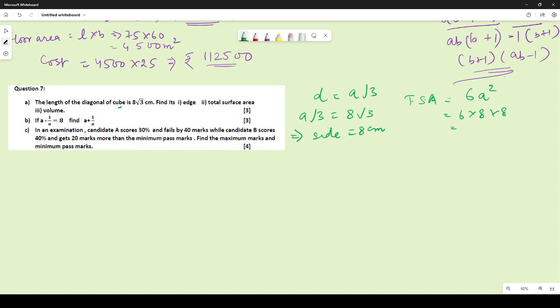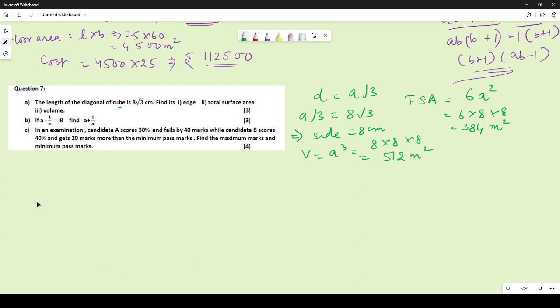Are you good with your calculations? If you're good with your calculations, you will know that it is equal to 384 square meters. This is the total surface area. Volume का formula आपको पता है, a cube. So this will be 8 into 8 into 8. This is equal to 512 square meters.